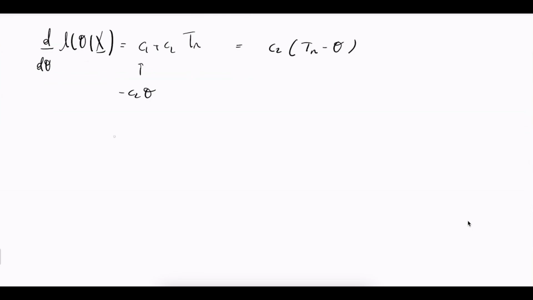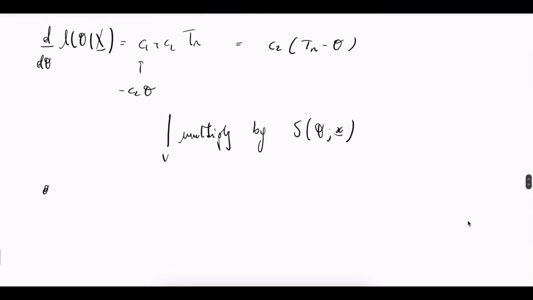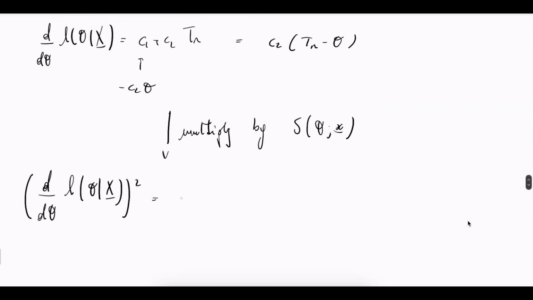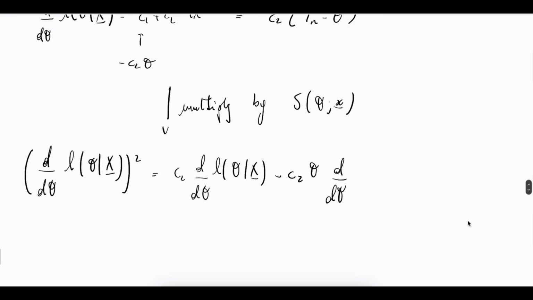We multiply by the score function. So we get this squared is equal to C2 times the score function times Tn minus C2 theta times the score function. Sorry, I'm missing a Tn here.